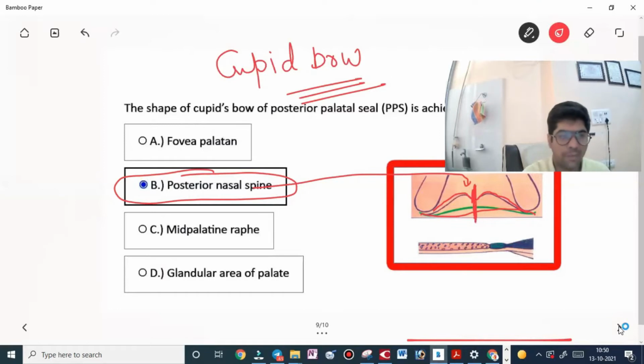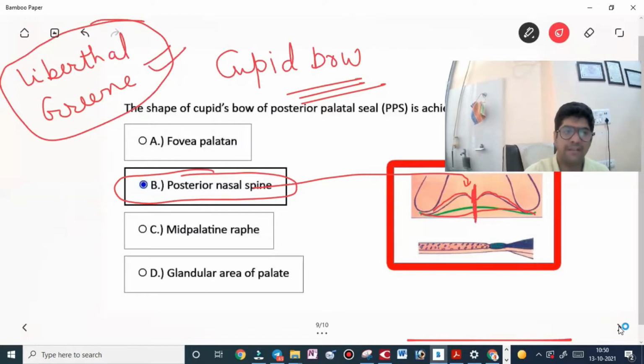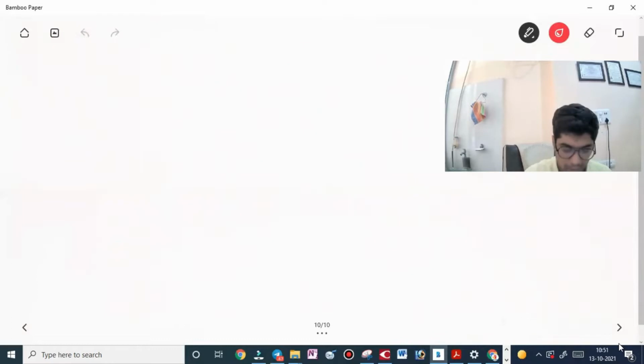Another thing that you have to remember from your exam point of view is the concept of the posterior palatal seal. It was given first by Lieberthal and Green. So you can get an MCQ asking that the concept of posterior palatal seal was given by Lieberthal and Green. So what are the points you have to remember while recording the posterior palatal seal?